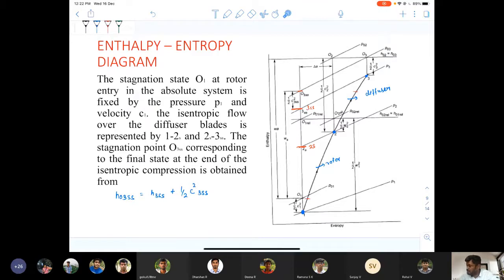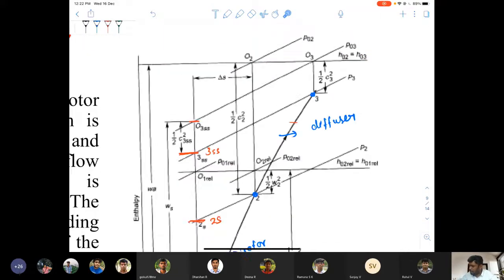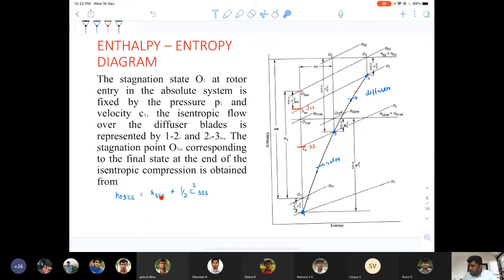This line is H03, and the enthalpy H03ss denotes the isentropic process. Therefore, H03ss will be equal to H3ss plus half C square 3ss.